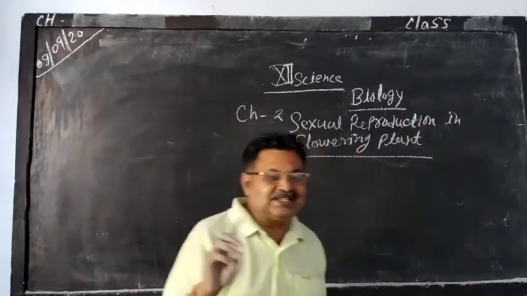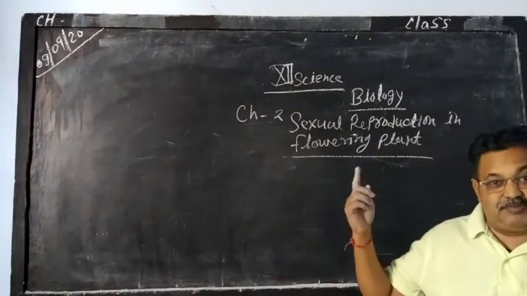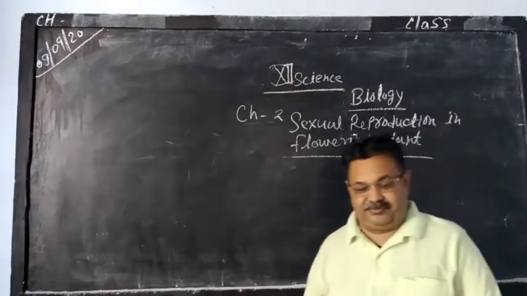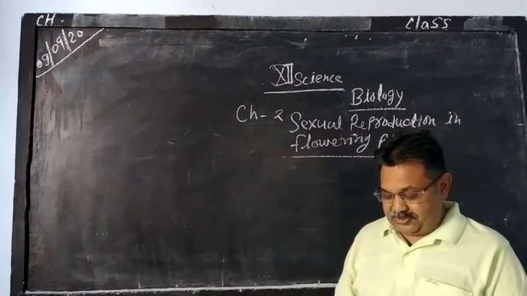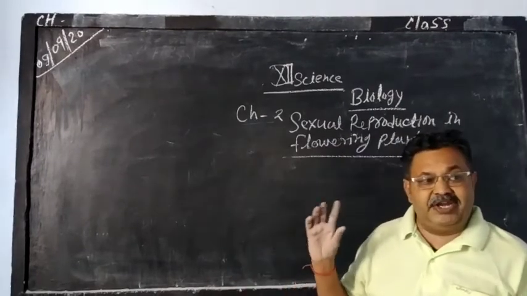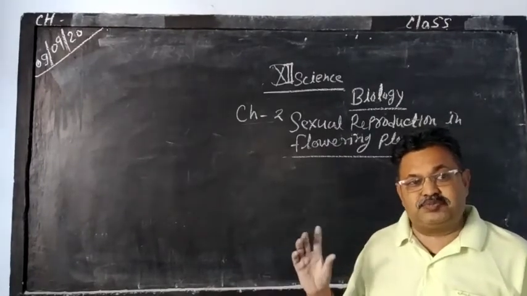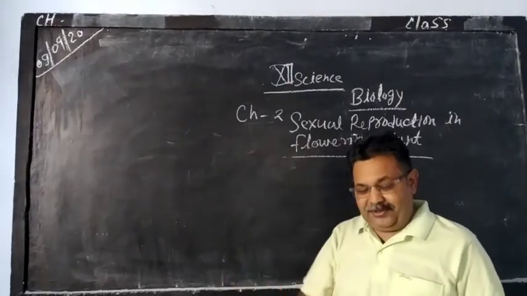So parthenogenesis is the process where formation of seeds takes place without fertilization. Next thing is triploid. After double fertilization, triploid endosperm is formed. So this process is known as double fertilization. Okay.